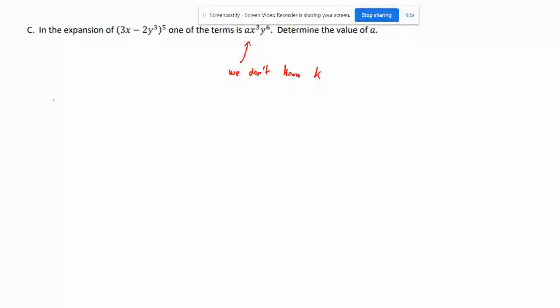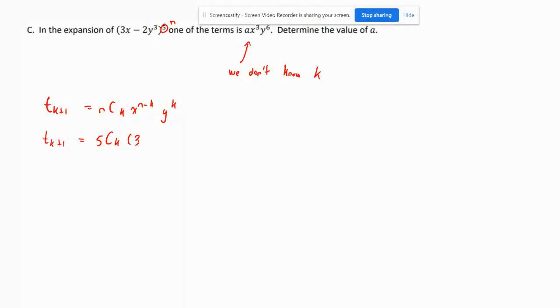Okay, now we're going to go t sub k plus 1 equals n choose k, x to the n minus k, y to the k. Now, for the moment, I'm just going to leave k as a variable in this equation. We'll switch it out once we figure it out in a sec. Now, our n value is 5. Choose k.